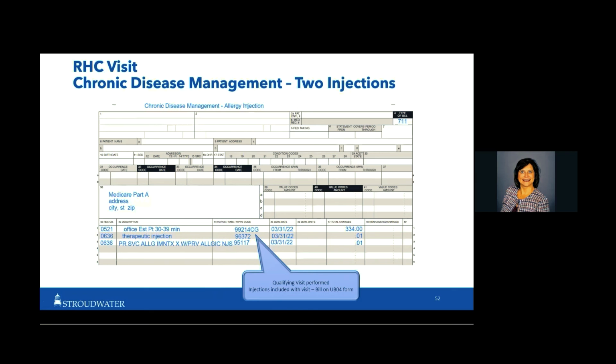And should there be some services that you direct to your facility to have performed, because you would be paid based on the cost of those. So just looking at this and thinking about it, and making sure that you are indeed reflecting the services that are being provided and that you are reporting this information on the bills correctly.